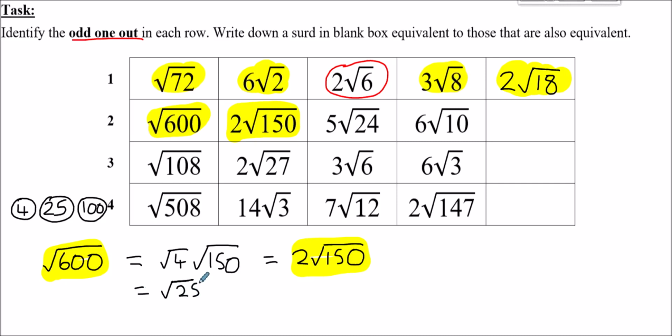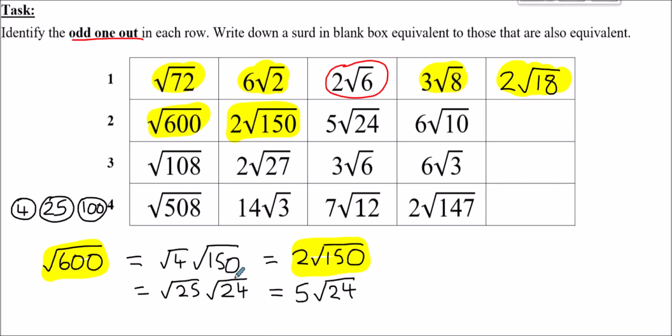So that gives us root 25. Now how many 25s go into 600? It's 24 of them. 25 times 4 gives us 100. Multiply that by another 6 gives us 600. In other words, 25 times 4 times another 6. 4 times 6 is 24. 25 is obviously a square number, so root 25 becomes 5, and we can leave root 24 as it is.